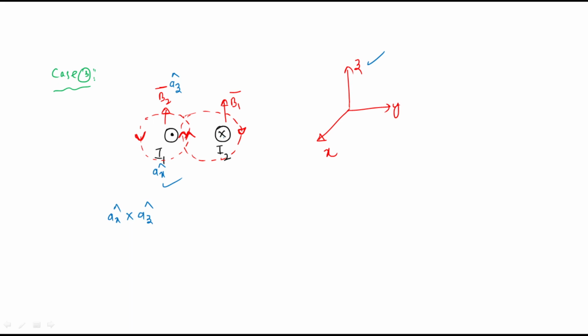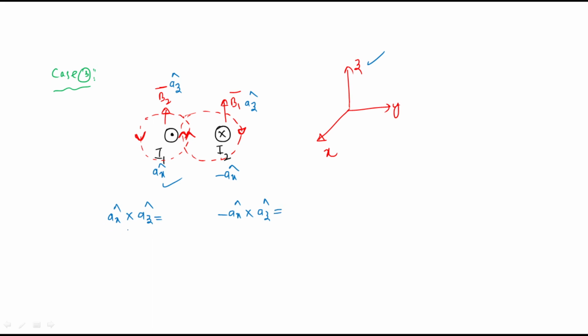Coming to I2, sorry, cross means into the plane. Obviously this is minus ax cap. But coming to B1, this is the same direction as z, that's why positive az. So minus ax cross az is the direction of force.